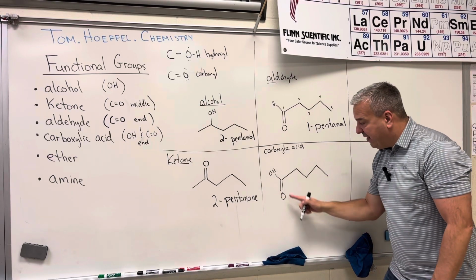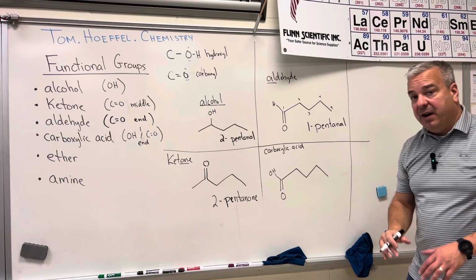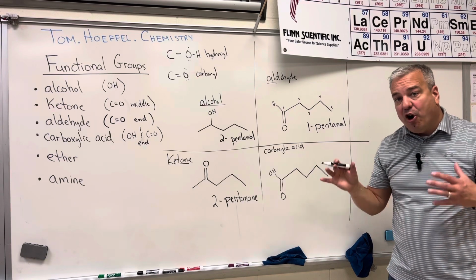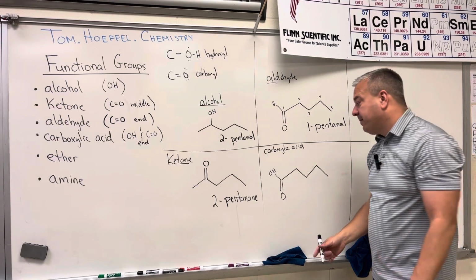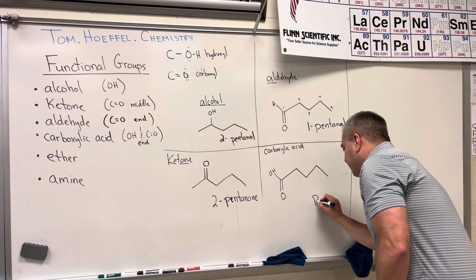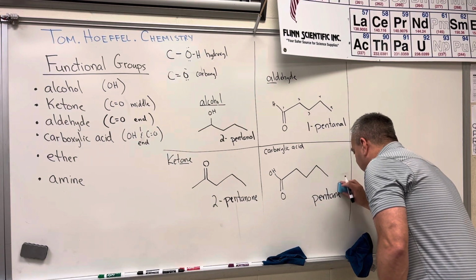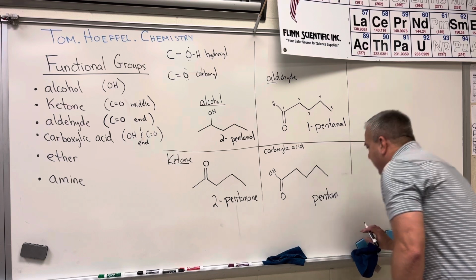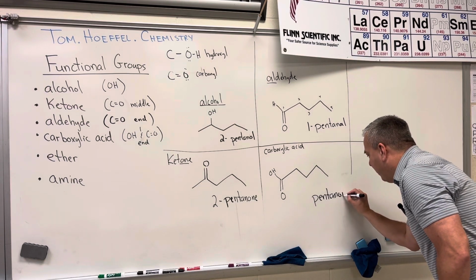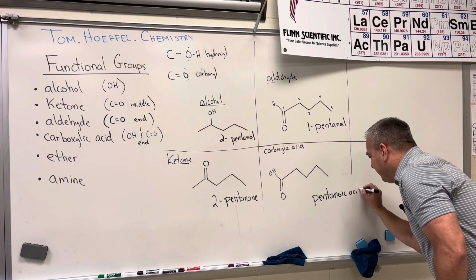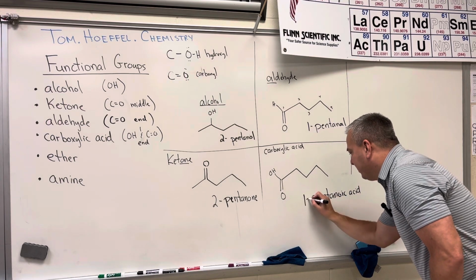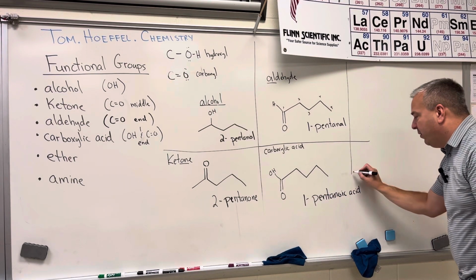And when they're both on the same carbon, which is carbon number 1, this tells you that you have a carboxylic acid. The way we name this, we'll start out with our name pentane. Same thing as before, we're going to take off the E, and we're going to add OIC acid. It's happening on the 1, so we call this 1-pentanoic acid.